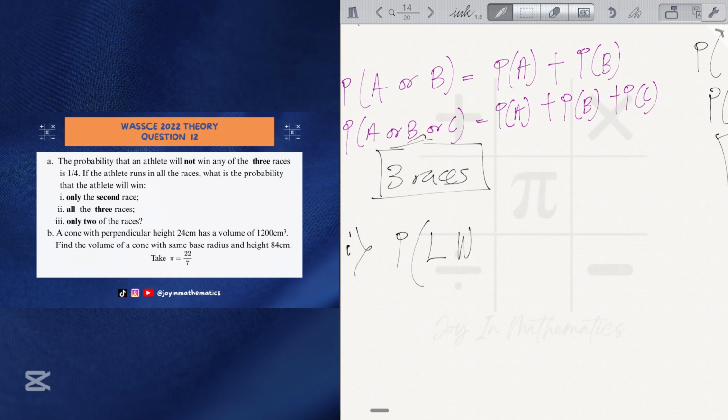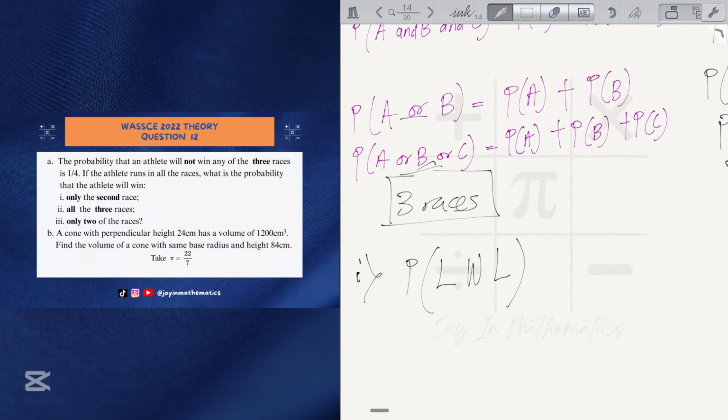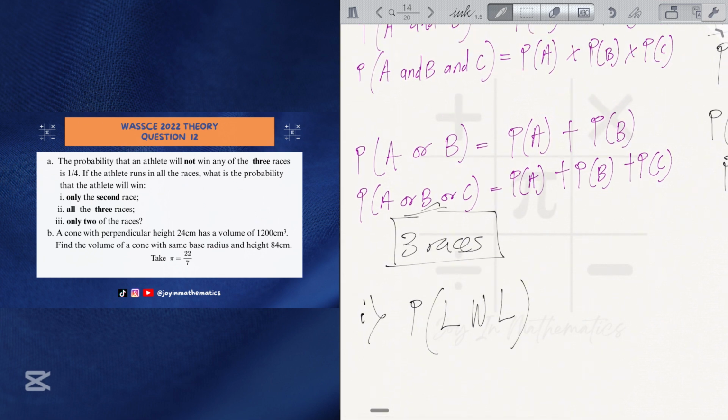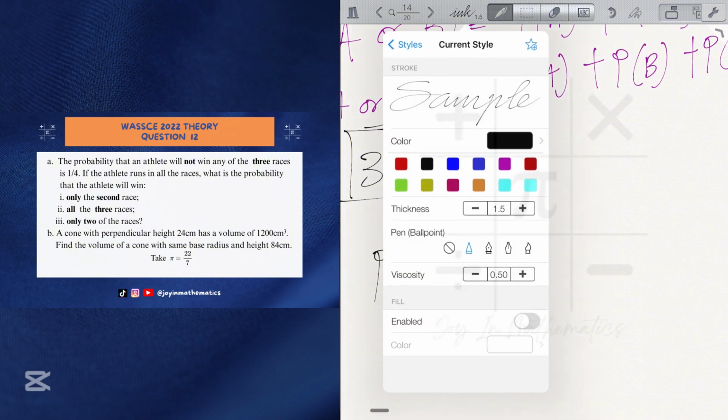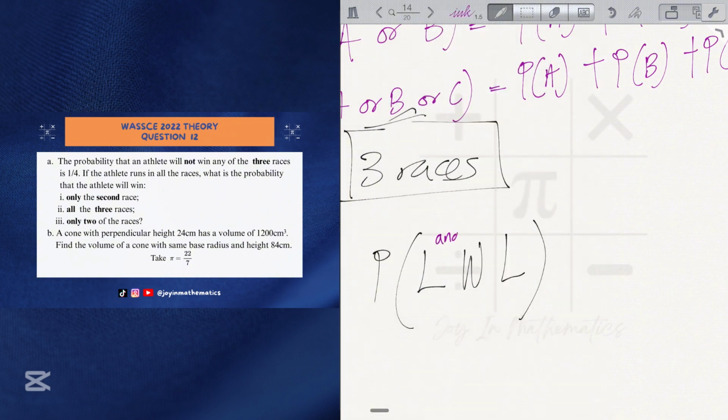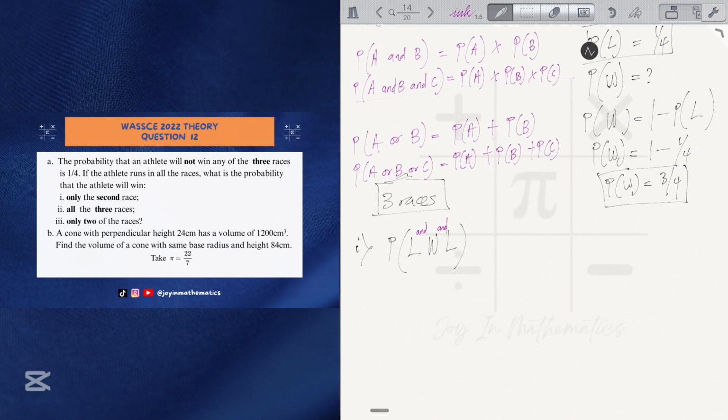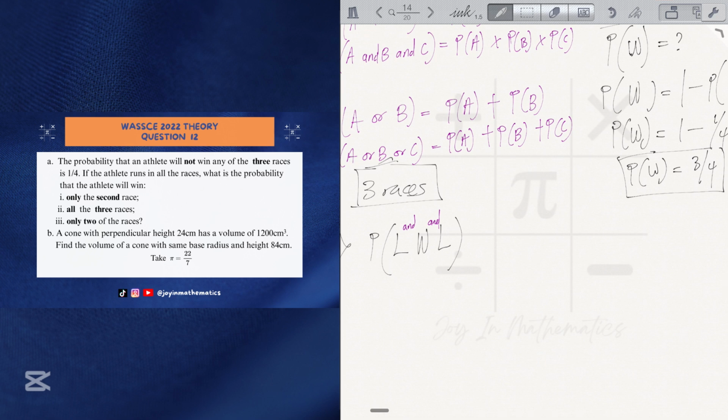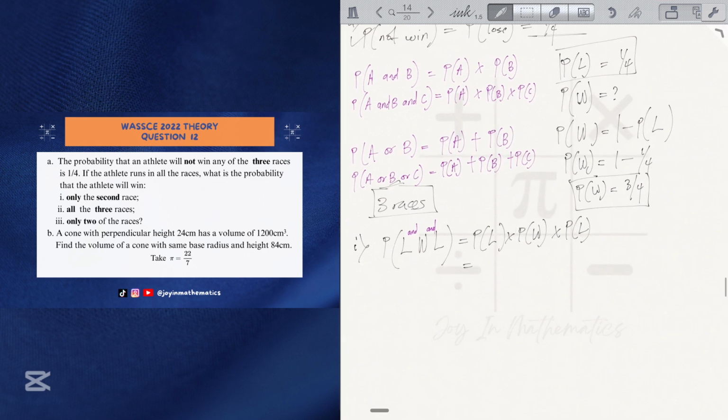So lose, win, lose. Now the question now is, is this or, and? Only in this kind of condition means that we are considering and. So it is L and W and L. So applying this principle, we will have that P of L, W, L will be equal to probability of lose multiplied, because it's and, by probability of W multiplied by the probability of L. So all we just have to do is just to substitute.